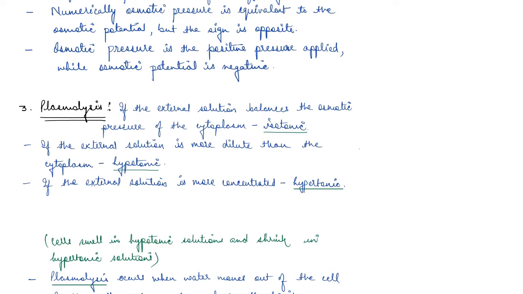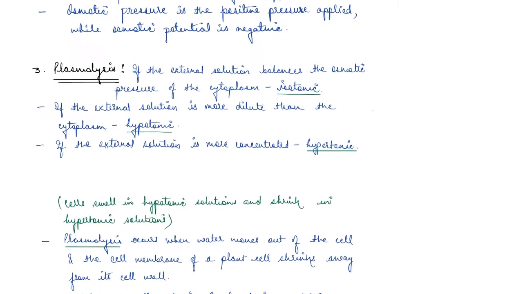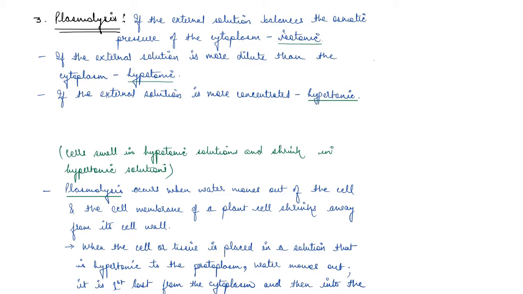Okay. Now, the third topic that you have to study is plasmolysis. Guys, what happens is the behavior of a plant cell or tissues with regard to water movement depends on the surrounding solution.